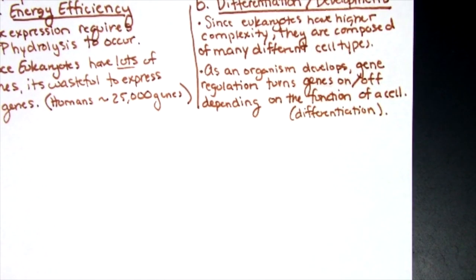So throughout an organism's development, starting from one cell all the way to trillions of cells, certain genes within their DNA get turned on or off depending on the function of that cell.